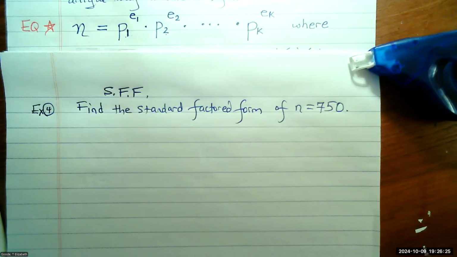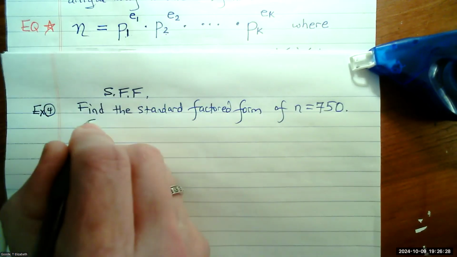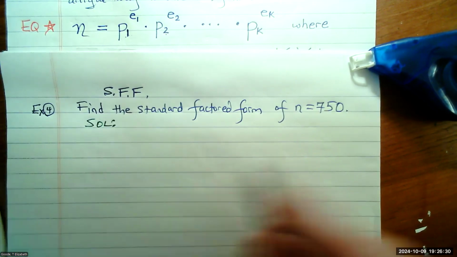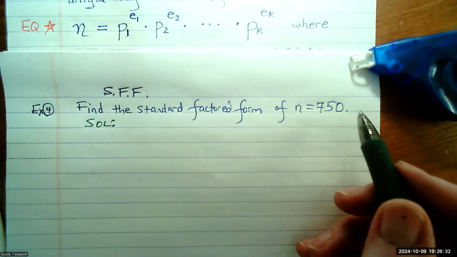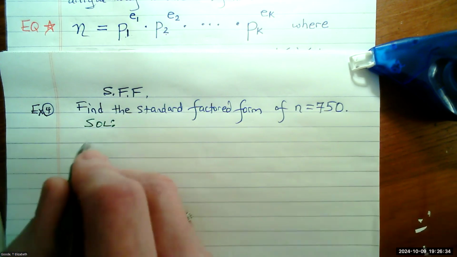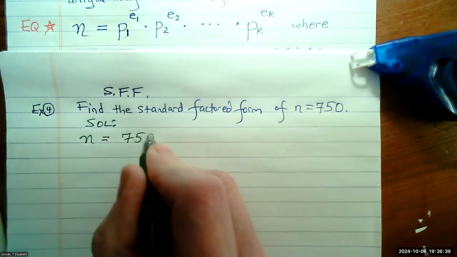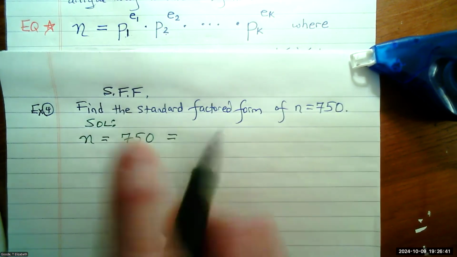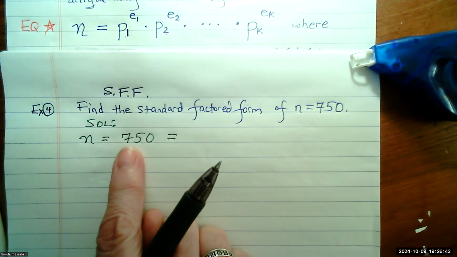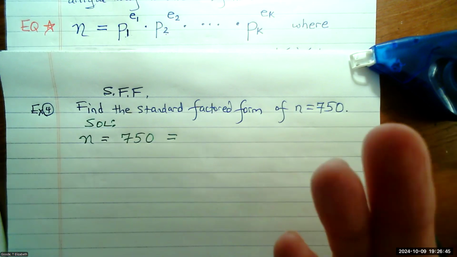All right, so there are a lot of ways to do this, but I like to just go in order because I know I'm going to want these prime factors in order anyway. So I start with the smallest prime that I think might be a prime factor of n. The smallest prime is 2. We all know that.